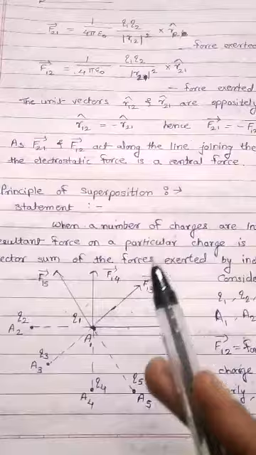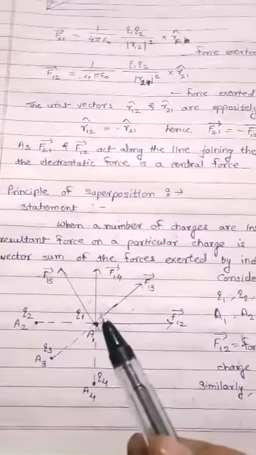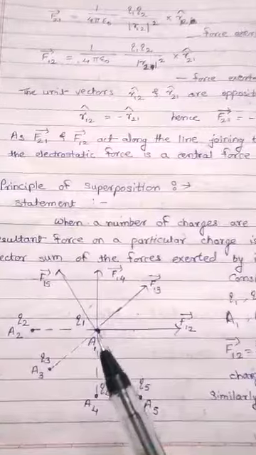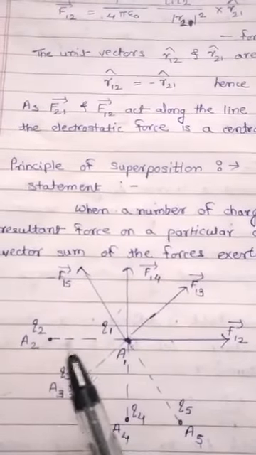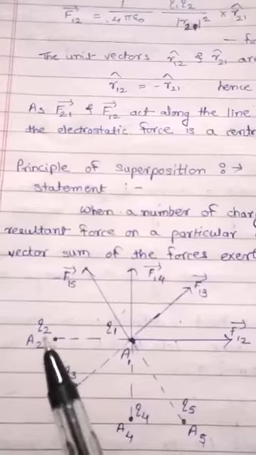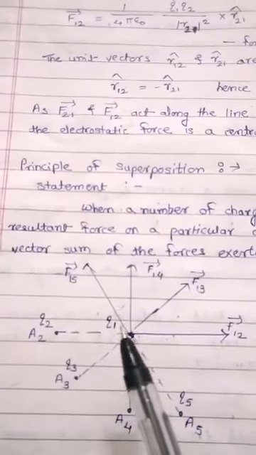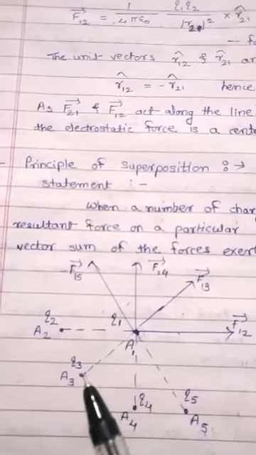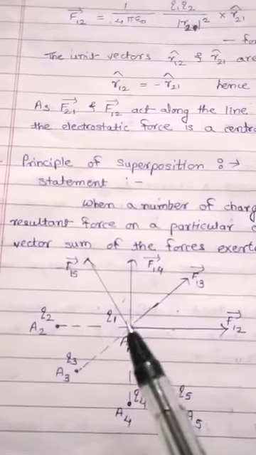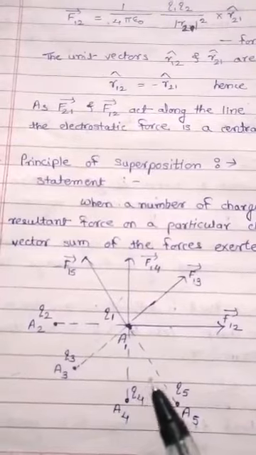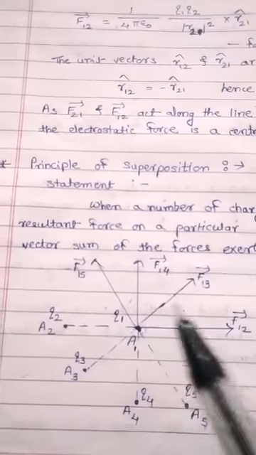Now the figure shows Q1 as one charge, with force exerted by Q2 on Q1, Q3 on Q1, Q4 on Q1, and similarly Q5 on Q1.